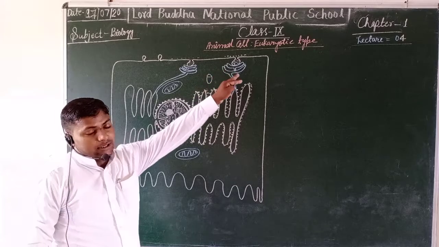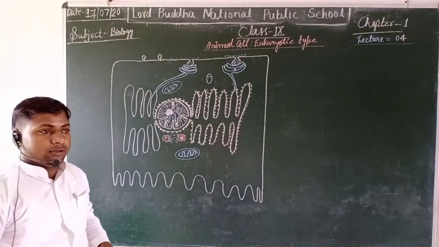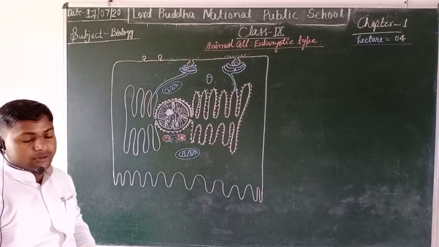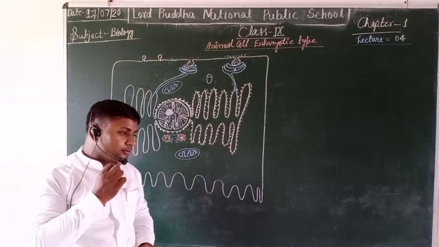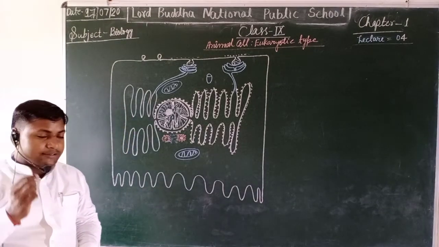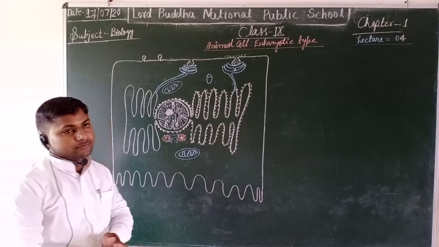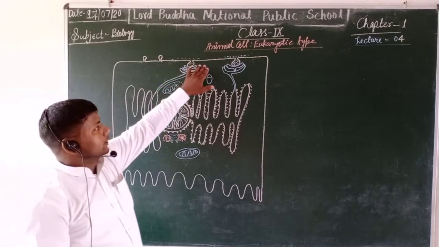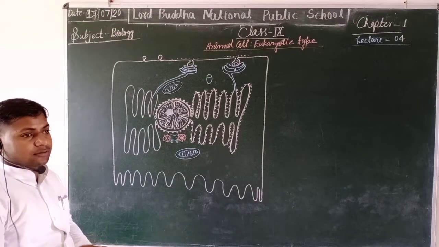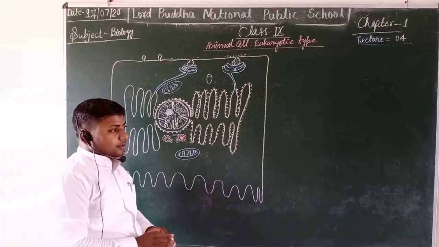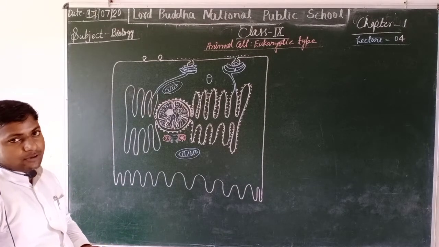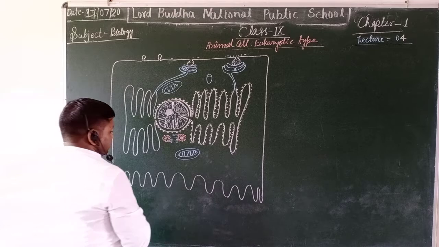Phagocytes help in providing the permeability for the transportation of solid materials from one cell to another cell, whereas pinocytes provide the way for transportation of liquid substances from one cell to another cell.